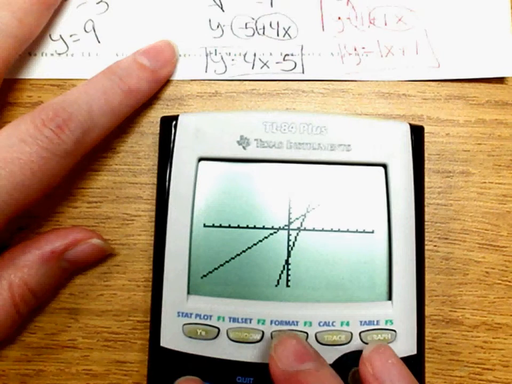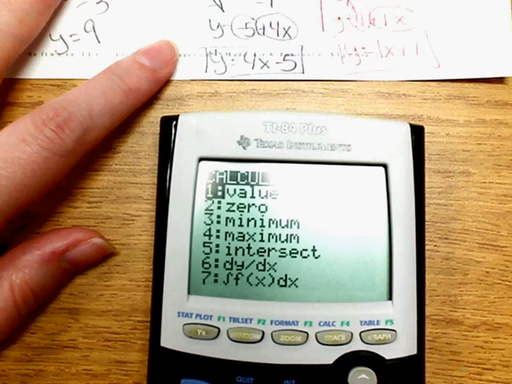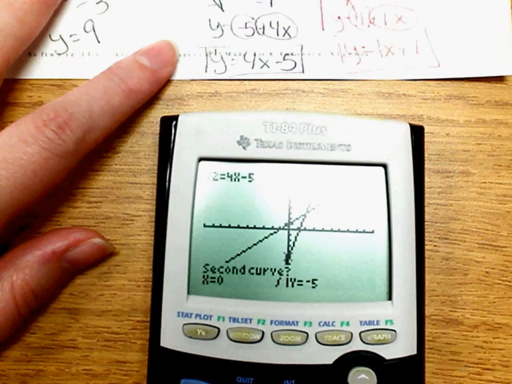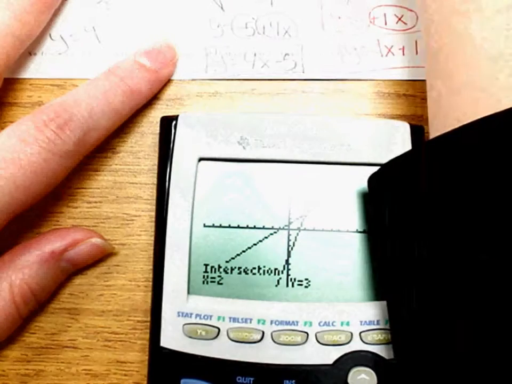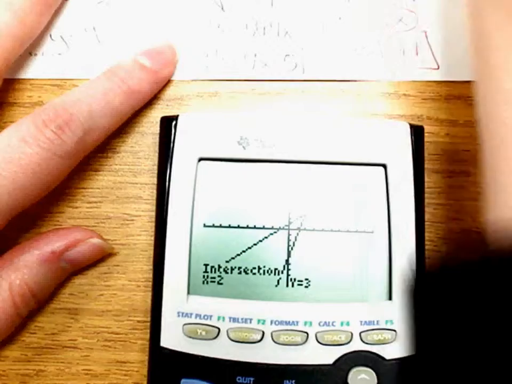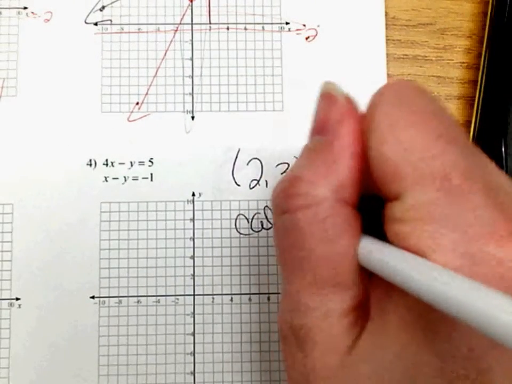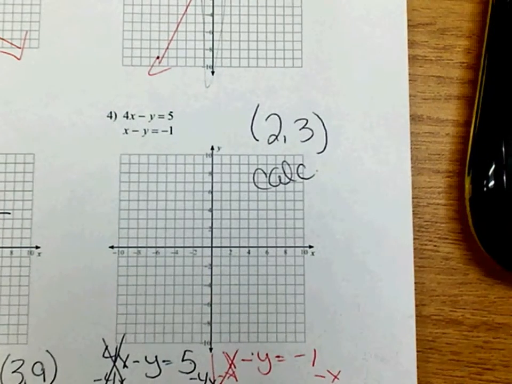Okay, and then I need to go to second calc, number 5 for intersect. Yes, that's my first equation. Yes, that's my second equation. Yes, I want you to guess. The intersection is 2, 3. And if you did it this way, you would want to write calc down here to let me know that you put these in the calculator to get 2, 3.